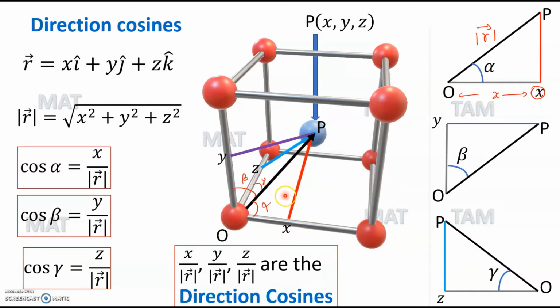The reason being, I can give you a more clear understanding of this. When you see these values X by magnitude of R, Y by magnitude of R and Z by magnitude of R, this would actually be a point on OP, which would be somewhere here.